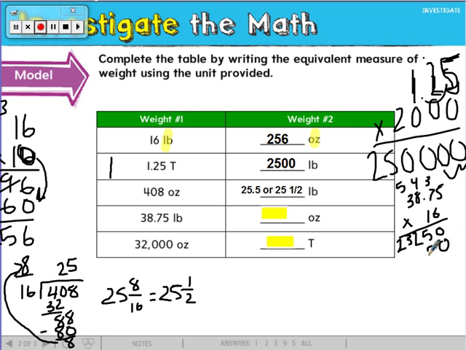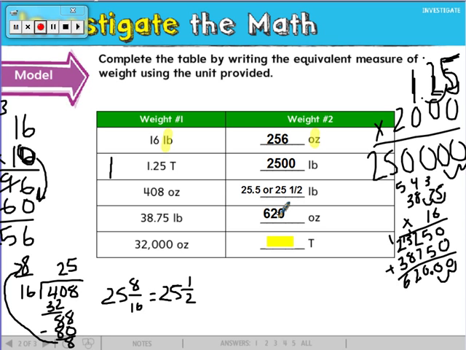Then all I have to do is 5, 7, 8, 3. Okay? And I add these. I have 0. 0, carry the 1. 0, carry the 1. 2, carry the 1. 6. I have 2 decimal places. 620 ounces. There we go.